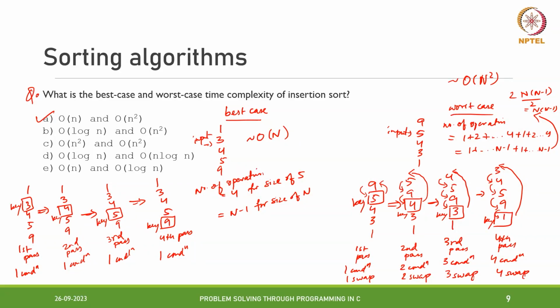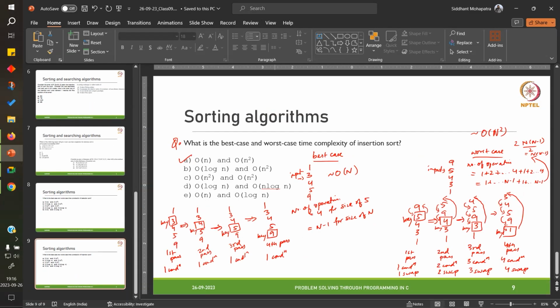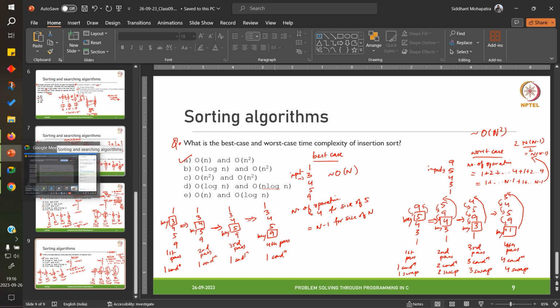Okay, so that is all I have for you today regarding the sorting algorithms and the searching algorithms. You can refer to this PDF and try to do it on your own. Try to take a simple array like this and try to do the sorting by yourself in order to understand how it works.